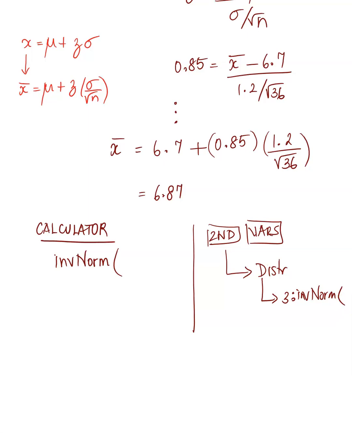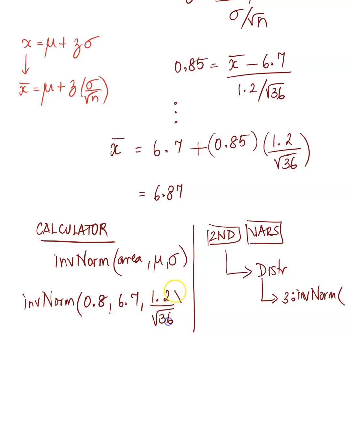Here it's asking for three things: area, mu, and sigma. In your inv-norm, area would be 0.8 because I am seeing the cumulative area from the left, so I'm using 0.8. Mu will be 6.7, and sigma, enter it carefully as 1.2 divided by square root of 36.